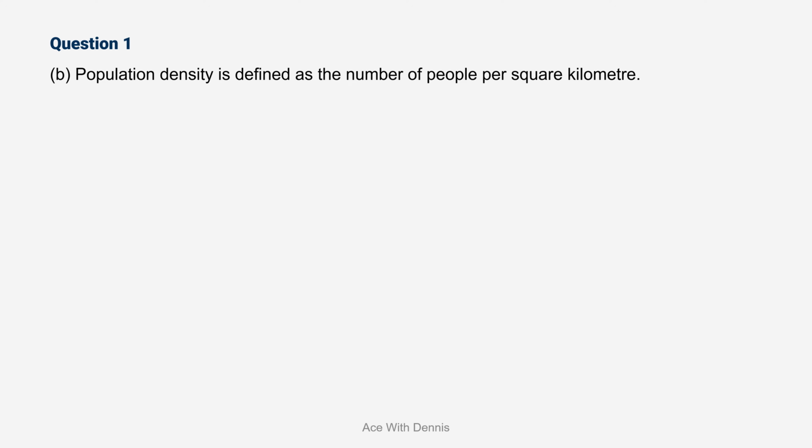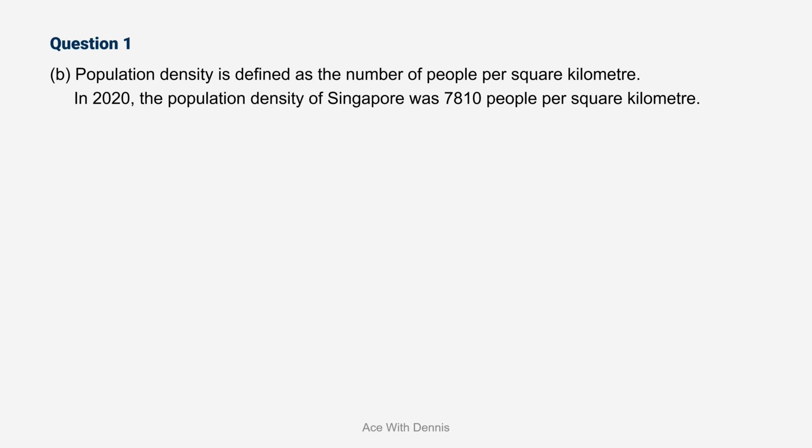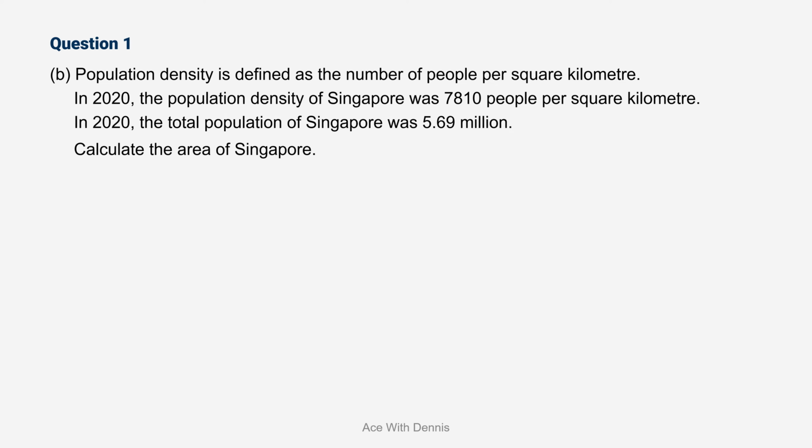B. Population density is defined as the number of people per square kilometer. In 2020, the population density of Singapore was 7,810 people per square kilometer. In 2020, the total population of Singapore was 5.69 million. Calculate the area of Singapore. 2 marks.